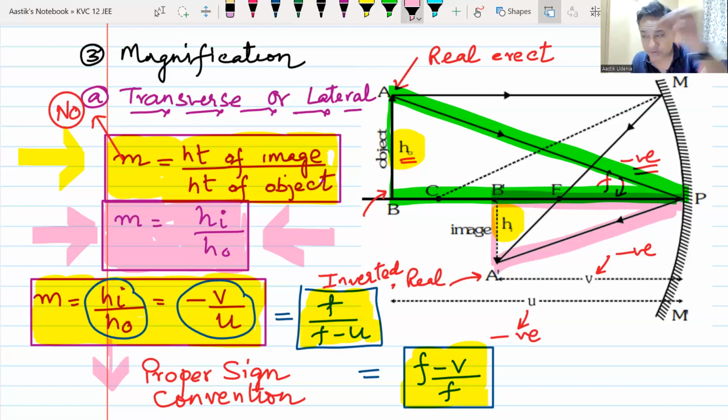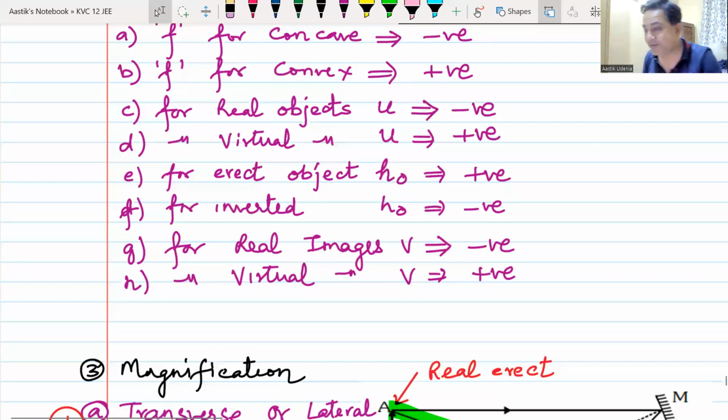It's right there in front of your eyes. Magnification, beta. Negative, sir. Well done.